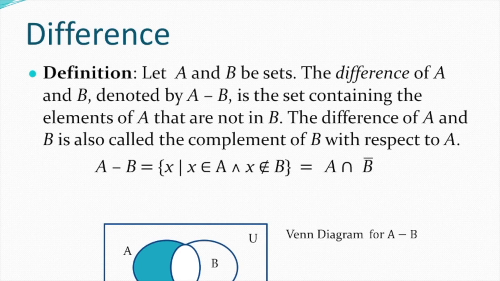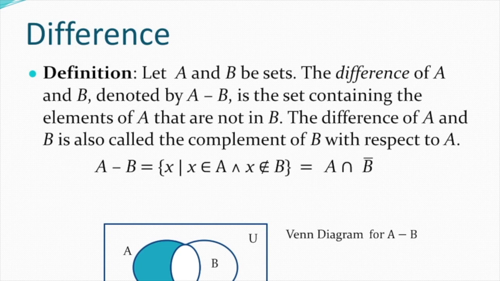So when you want to represent it in a diagram, you will find that there is a set A and there is a set B. Now make the intersection. The intersection will be the common elements between them. Anything outside this intersection applies to the rule of the difference.